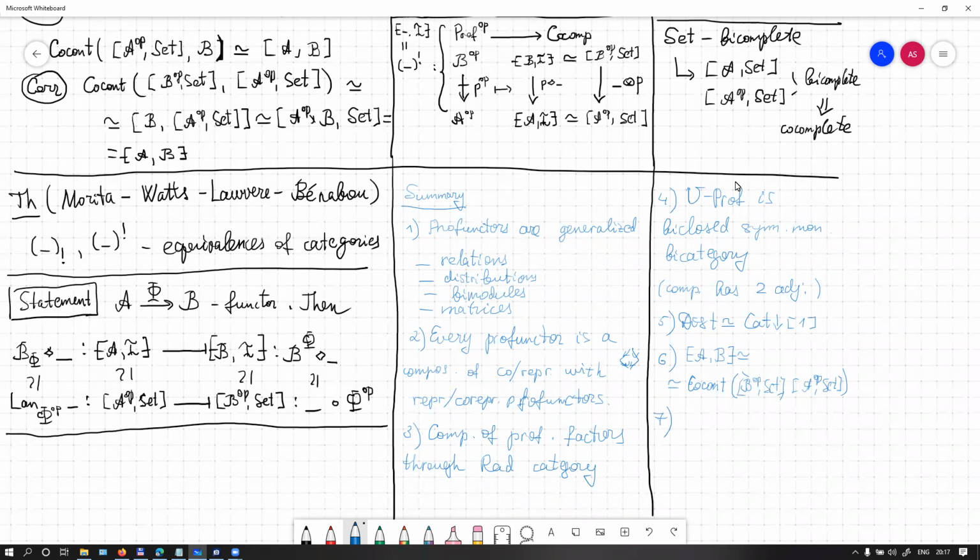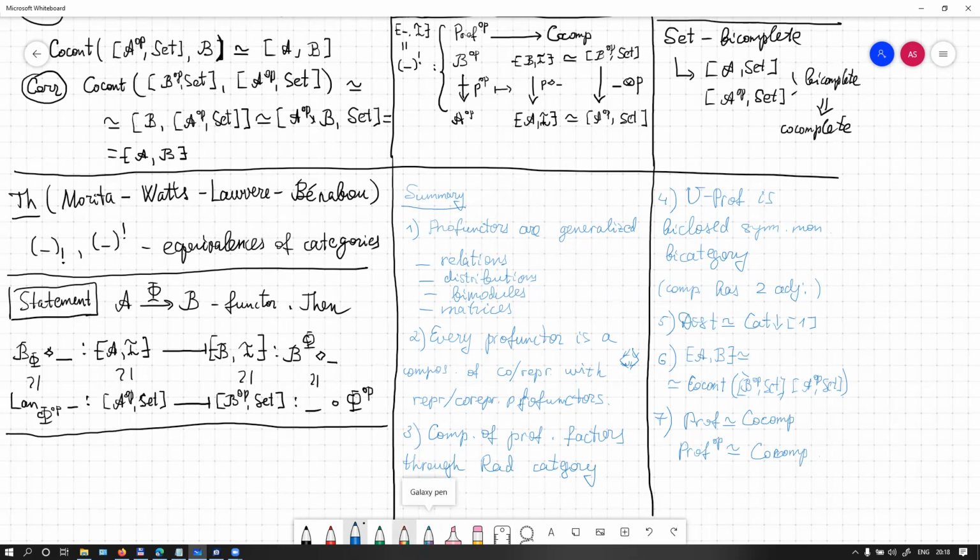And seven, profunctors define the following equivalences between co-complete categories and themselves. So they can be considered something similar to that. So this is very, very briefly what we obtained up to now.